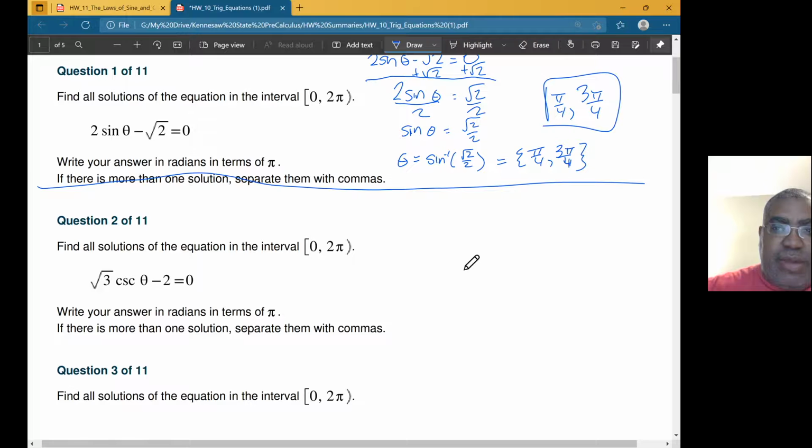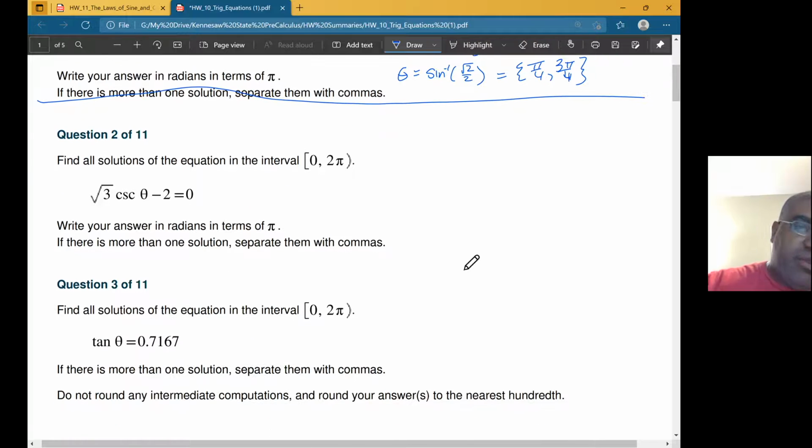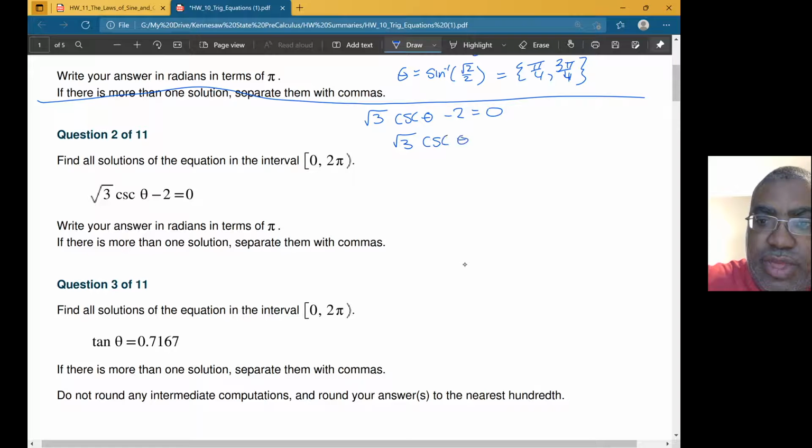All right, same type equation, only we're dealing with the reciprocal, not the inverse sine. So root 3 cosecant of theta minus 2 is equal to 0. Root 3 cosecant of theta is equal to 2. I added 2 to both sides. Cosecant of theta is equal to 2 over root 3. I divided both sides by root 3. And we can take the reciprocal of both sides.